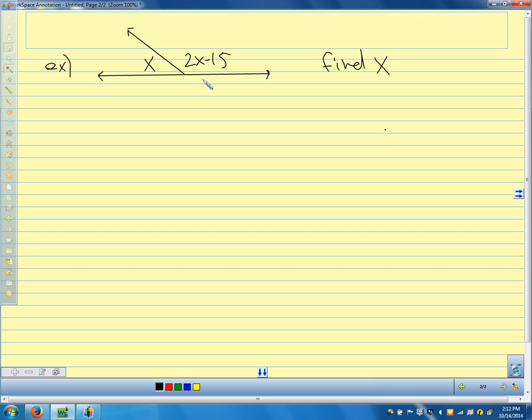What do we know about those two angles? They add together to equal 180. So I'm going to say my first step is x plus 2x minus 15 equals 180. The reason we know this is true has to do with geometry.